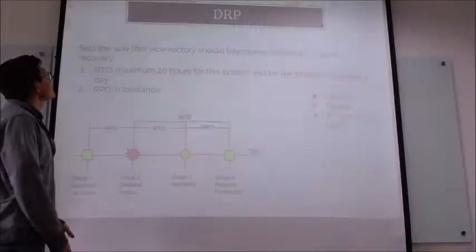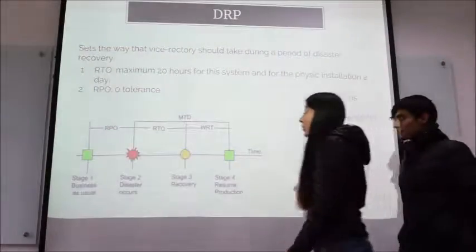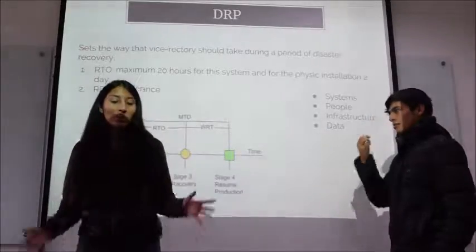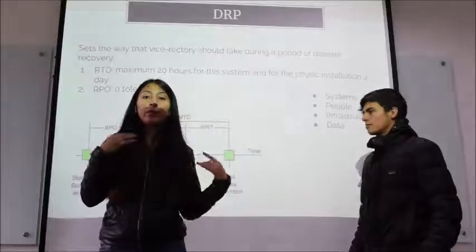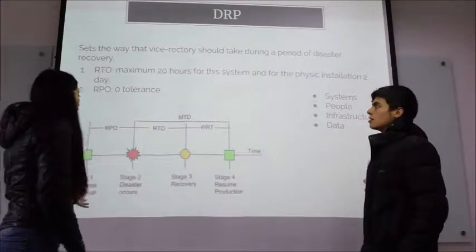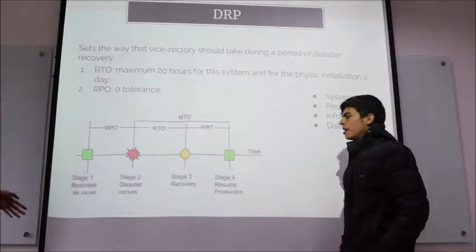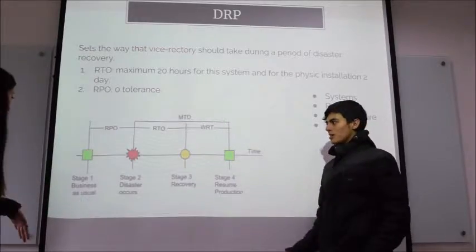So up next we will have some DRP. Okay, we will explain about the DRP, that is the disaster recovery plan, specifically applied to the situation of the flooding of the university as a whole. So, we know that the DRP has 4 stages. The first stage is business as usual.